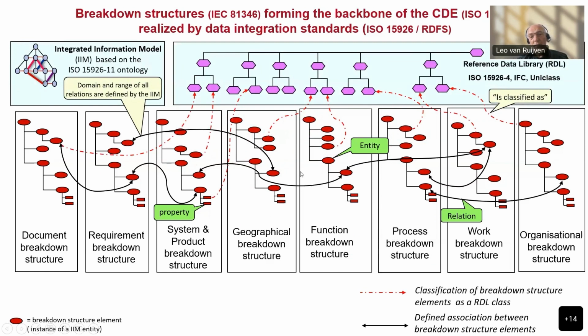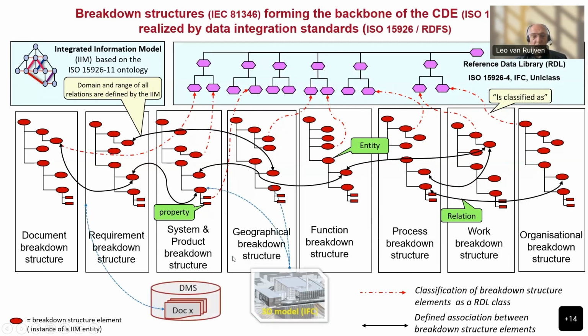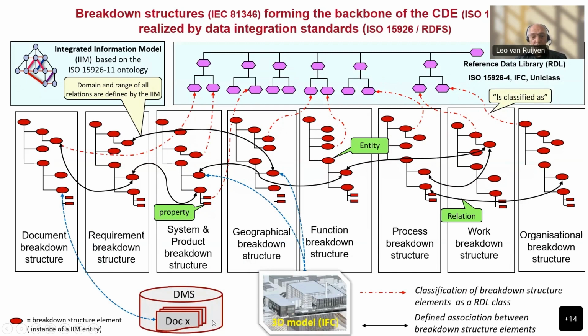And secondly, we use a reference data library to classify each element in the breakdown structure to say what it is. So what kind of pump, what kind of valve, what kind of pipe, whatever it is, can be found in the reference data library to standardize all the types of things we use. And still we have documents, so we relate the document structure with the document management system and the 3D model based on the IFC standard.